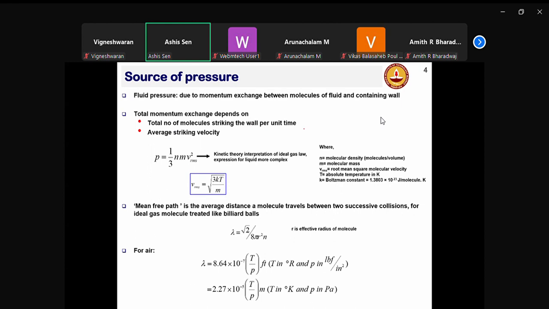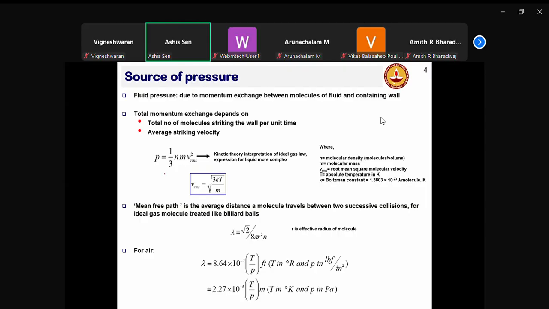Because if you have the same volume and you have higher pressure, that means you have more number of molecules, right? So they would exert more pressure, right? And the average striking velocity also influences the pressure. If the temperature is high, for example, the molecules will move faster. They will bombard the wall at a higher velocity. So your pressure is going to be higher.